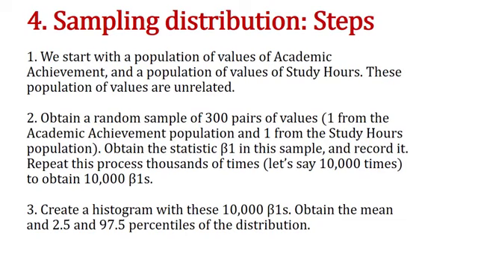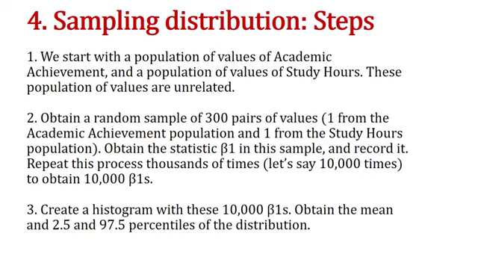Okay, so we start with a population of values of academic achievement and a population of values of study hours. And these populations of values are unrelated. Then we obtain a random sample of 300 pairs of values, one from the academic achievement population and one from the study hours population.